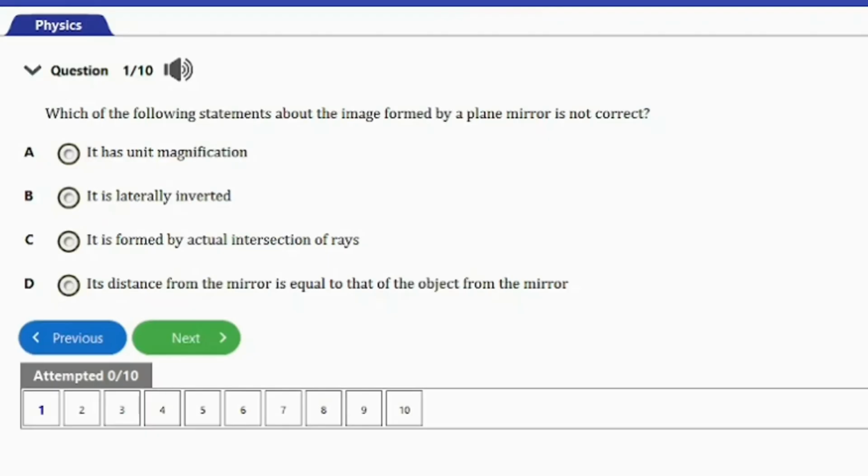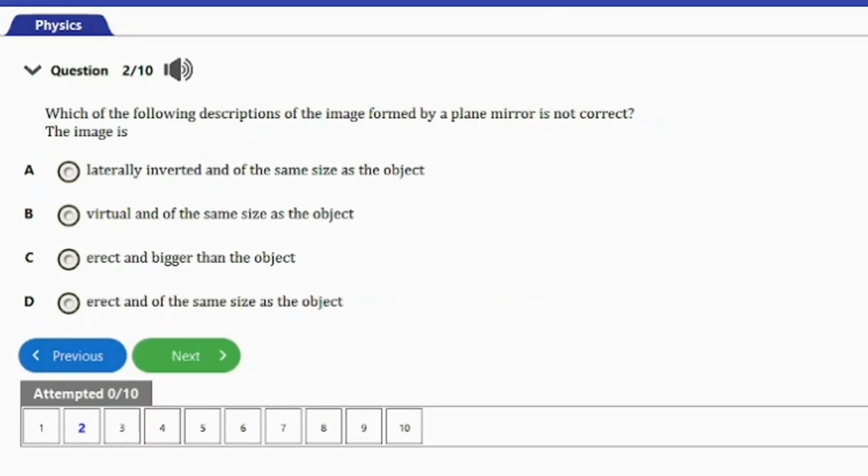The distance of the image is also equal to that of the object from the mirror. But the rays actually do not intersect. So the image is not formed by actual intersection of rays. And as such, option C is the answer to this question. So, let's go ahead and consider the next question, guys.